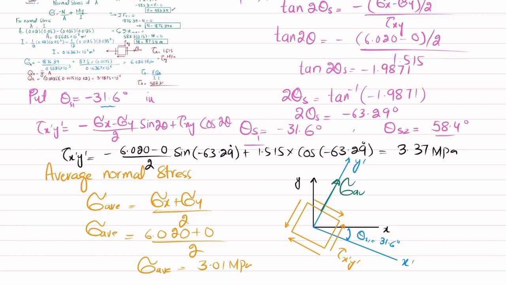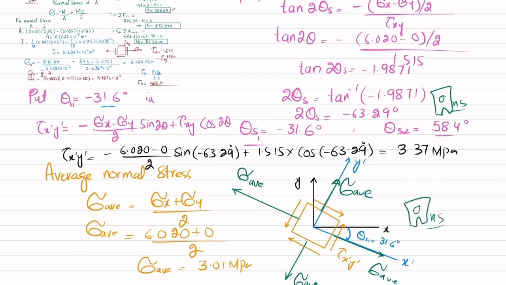This is the average normal stress. So these are the answers of our second part, and this representation indicated on the element is the answer of our third part. Clear?